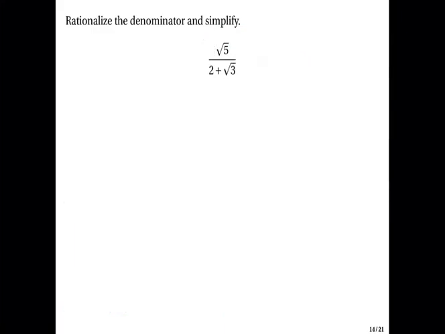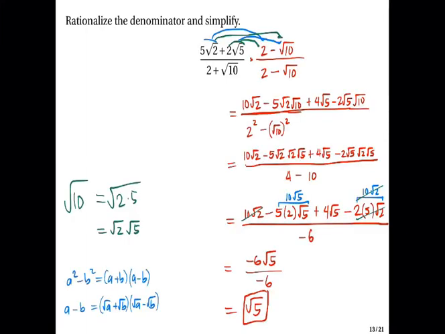Next problem here. Again, rationalize the denominator. Square root of 5 over 2 plus square root of 3. So, we look at the conjugate. 2 plus square root of 3.